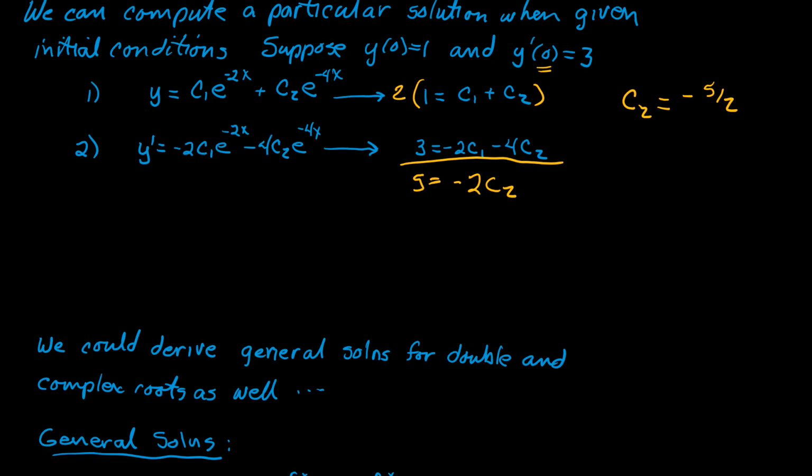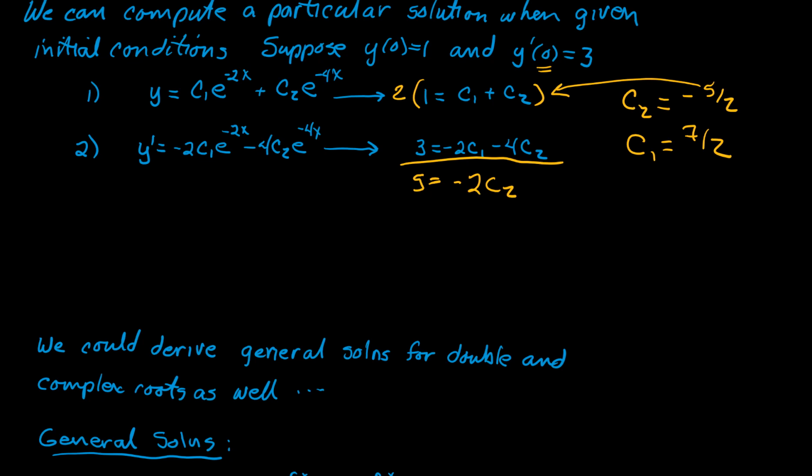Let me check here, make sure everything's working good. We have a 5, those are canceled, minus 2. Okay. Taking the negative 5 halves and substituting that in for c2 means we're going to add 5 halves, okay, and that's going to give us c1 is equal to 7 over 2.